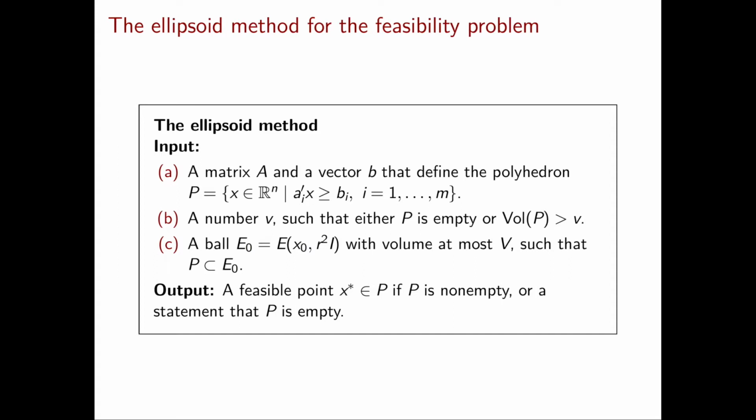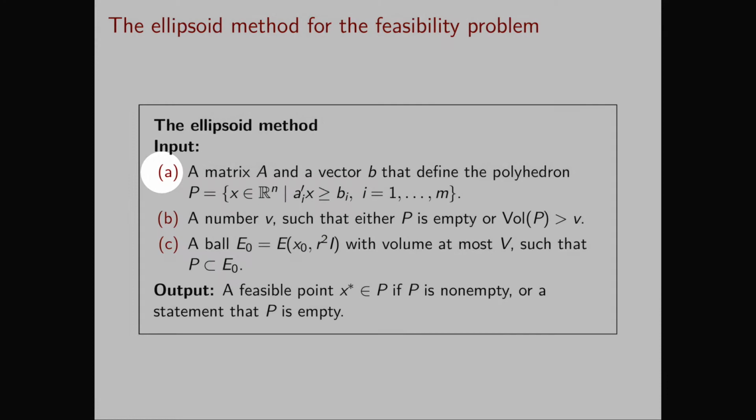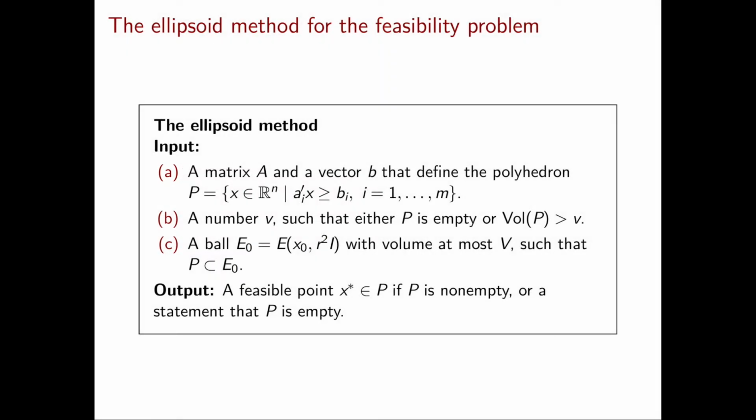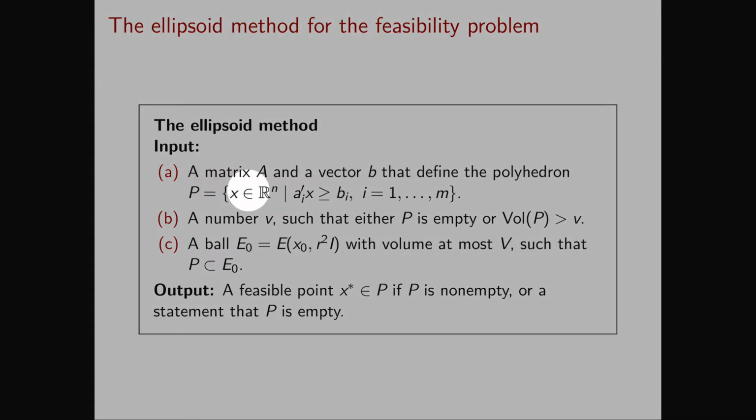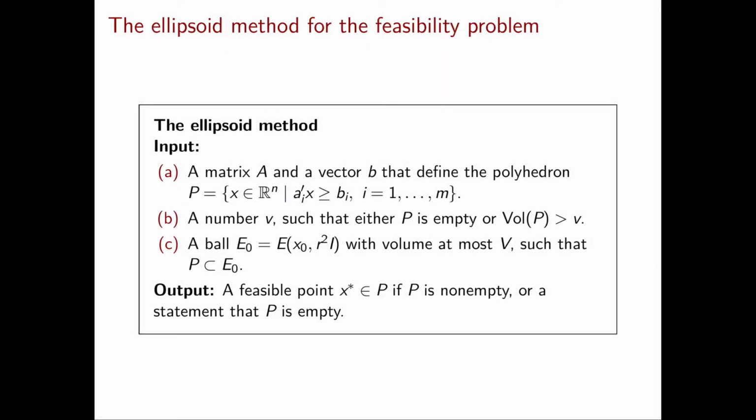Let's start by discussing the input of our algorithm. We have a matrix A and a vector b that define the polyhedron P, which is the set of x in R^n such that a_i transpose x ≥ b_i for every i from 1 to m. In input, we also have a number v such that either P is empty or the volume of P is strictly larger than v.